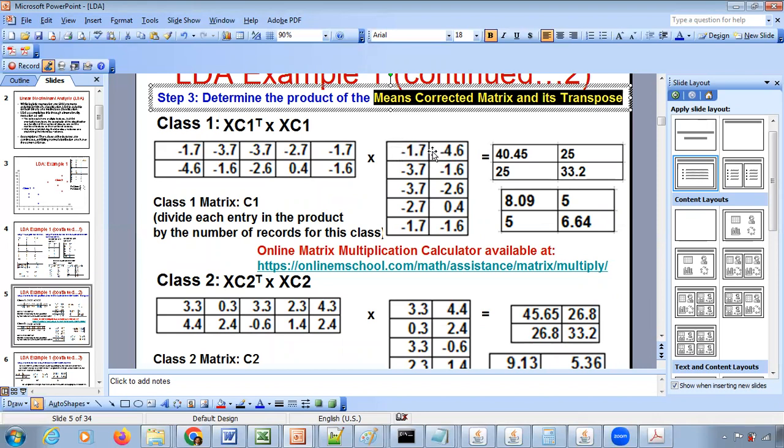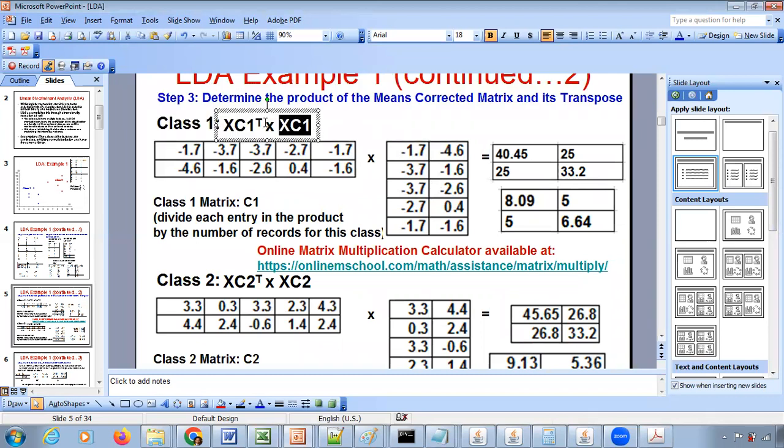So you can say this row, negative 1.7, negative 4.6 becomes the column, or you can say the column becomes the row. So either way you can consider that. So we have here 5 rows and 2 columns in XC1, and the transpose has 2 rows and 5 columns.